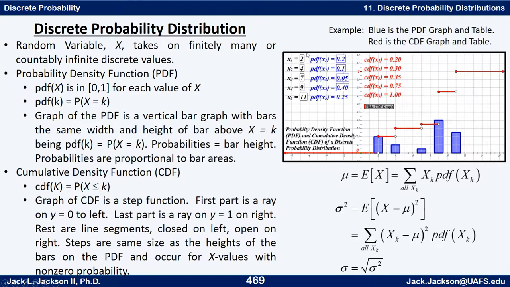If you look at the table here, here are the x values and here's the PDF of x. So there's the PDF table, and the graph is the blue bar graph. And if you ignore the blue and take these x's and these y's, here are the red ones. Those red ones are the values of the CDF at the points where the jumps occur.